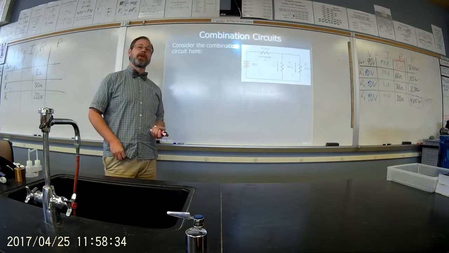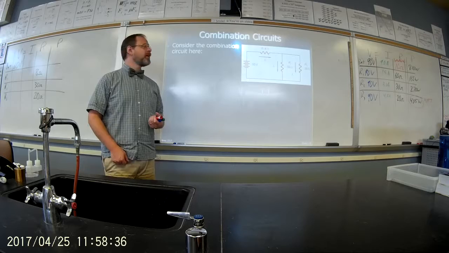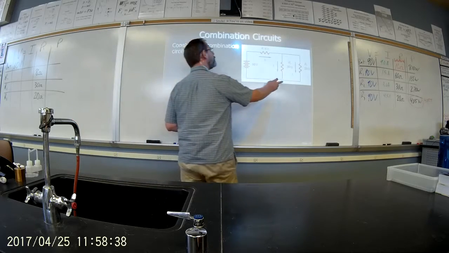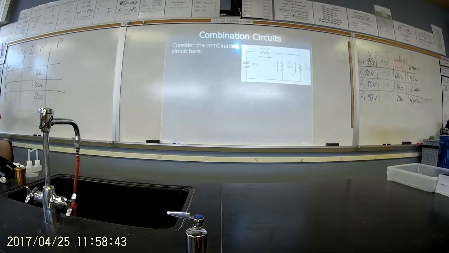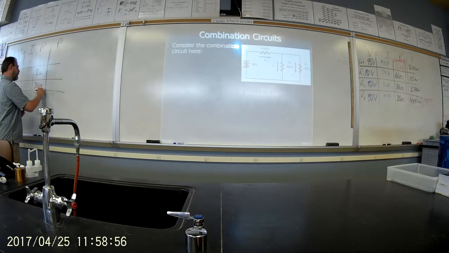It's a combination circuit. So what we do is we compress R2 and R3 into a virtual resistor that doesn't really exist but allows us to do the math. So I'm going to make a little box between R2 and R3, and it's going to represent the virtual resistor R23.